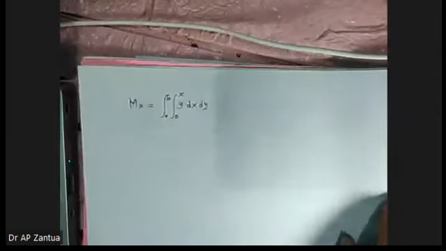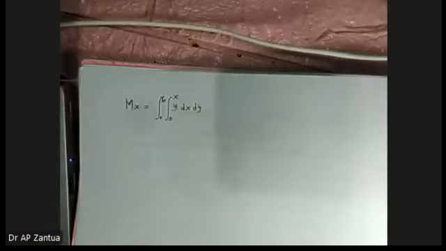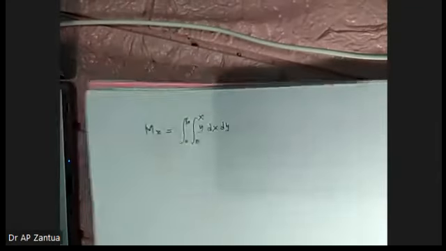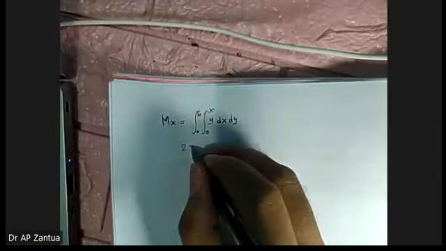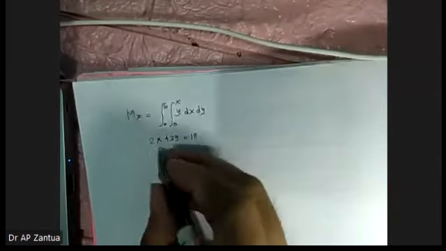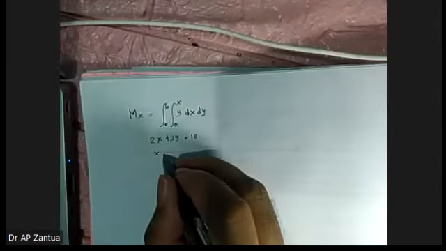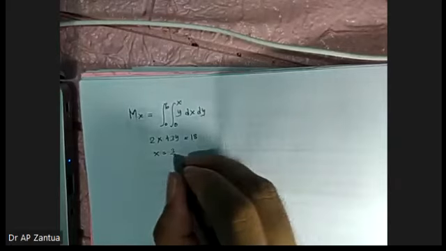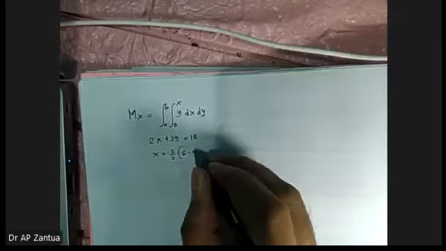So now we are looking at y. Therefore, we need an equation for y. What is our equation for y? That is 2x plus 3y is equal to 18. If we solve this for x, the answer is 3 halves (6 minus y).